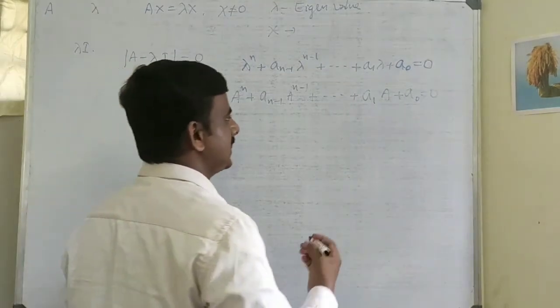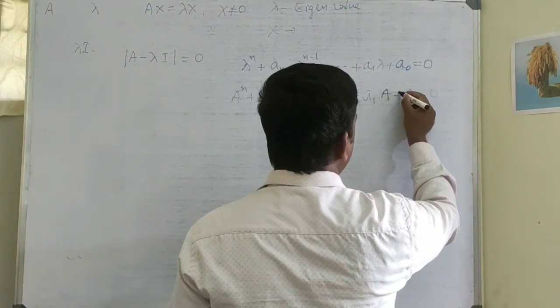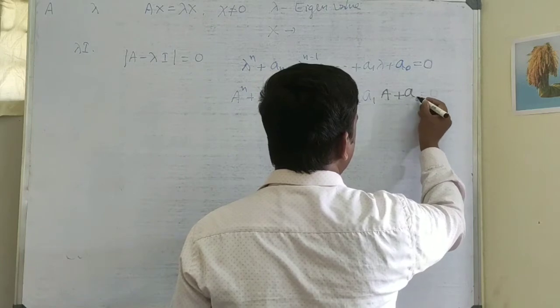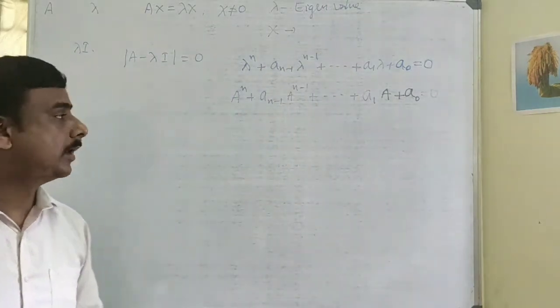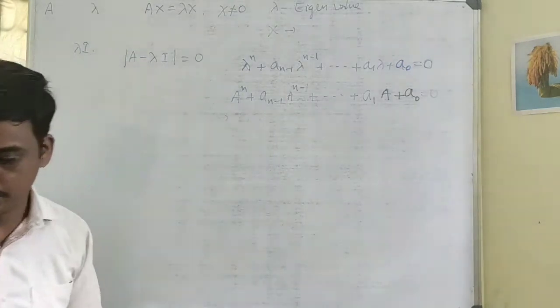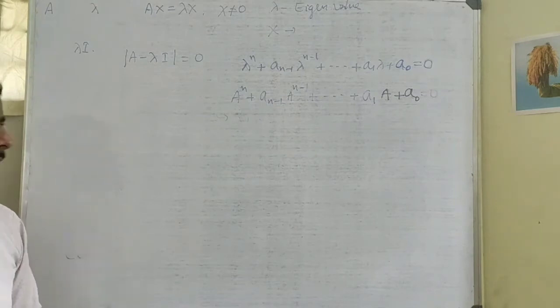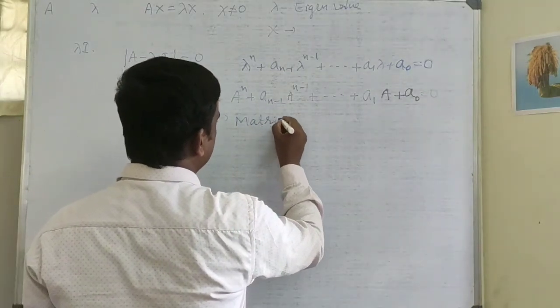Capital A. That is the matrix. So any polynomial in capital A, in the matrix A, is called a matrix polynomial.